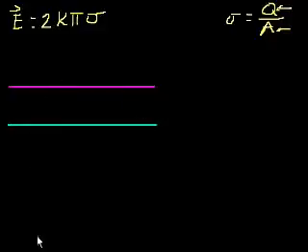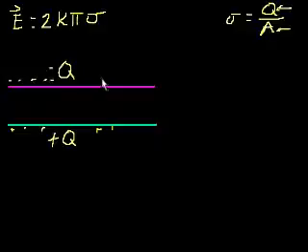And let's say they're the same size, and they both have area A. And let's say that I place plus Q worth of charges here. So this is positively charged, right? I could draw a bunch of pluses here. And let's say this is minus Q. So this is negatively charged, right?